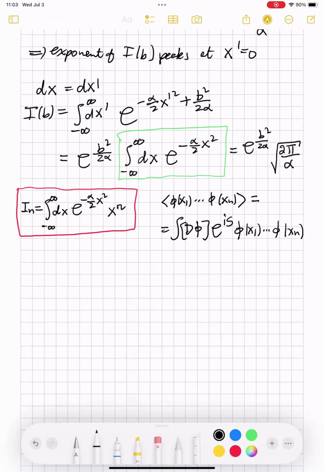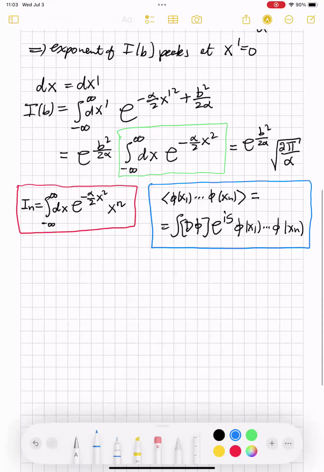You might call this a definition of this correlation function, and then ultimately what we would love to be able to do is to argue that this correlation function is related to the time-ordered correlation functions that we evaluated so far. But for now, view this as an integral that somehow we want to perform.